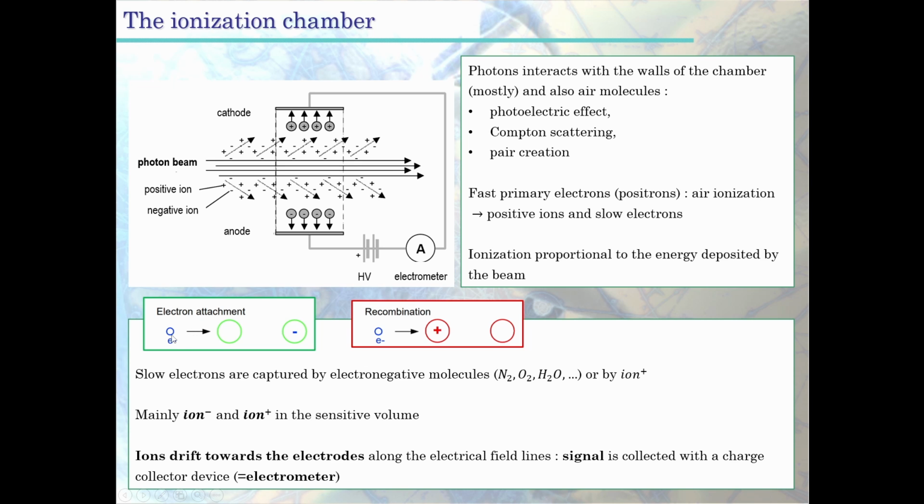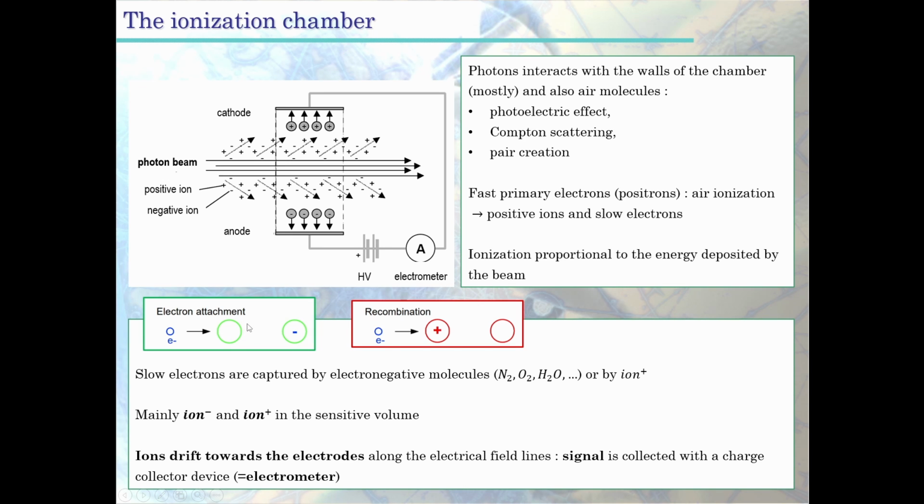Usually, electrons are quickly attached because you are using air as a gas. So electrons will be attached by molecules which like electrons, like oxygen, nitrogen, all those. And very quickly, much faster than the time it takes for an electron to drift towards the proper electrode, the electron will be attached.